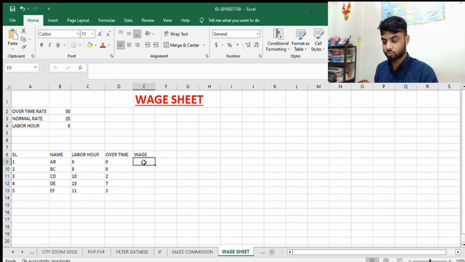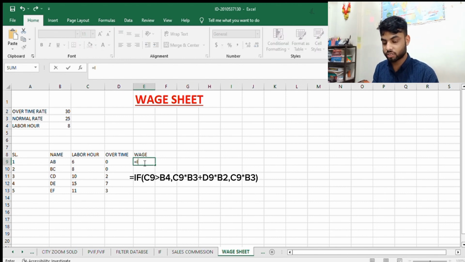So first I use the IF formula for calculating wages. Logical test, that means labor hour is greater than 8, so that 8 into normal rate plus overtime into overtime rate.